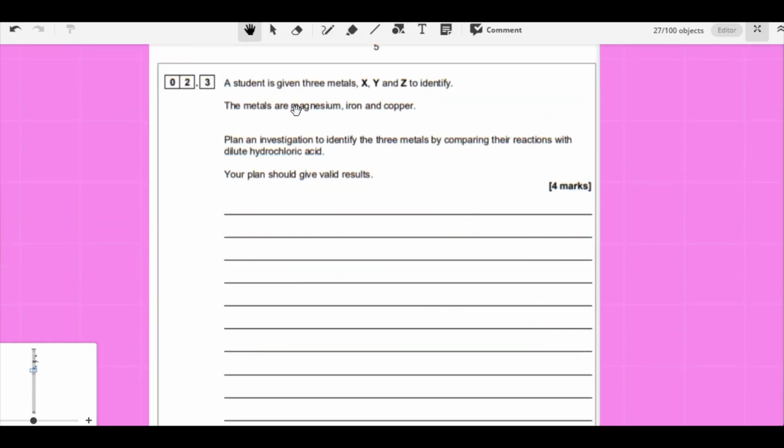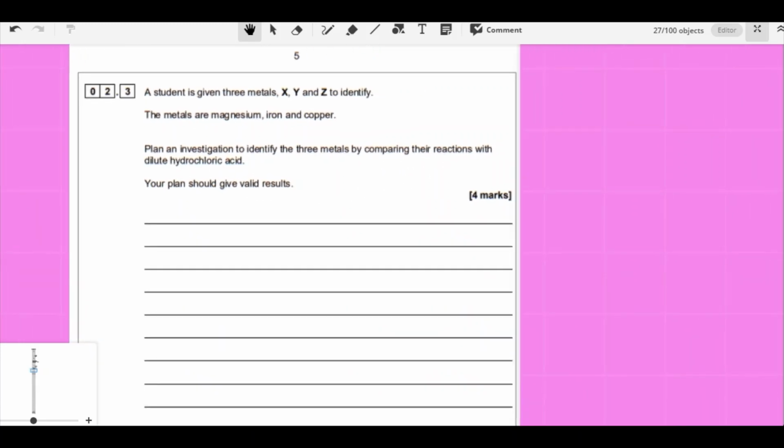Okay, next question. A student is given three metals X, Y, and Z to identify. The metals are magnesium, iron, and copper. Plan an investigation to identify the three metals by comparing their reaction with dilute hydrochloric acid. Normally, in the reactivity table, magnesium is more reactive, then iron, then copper.